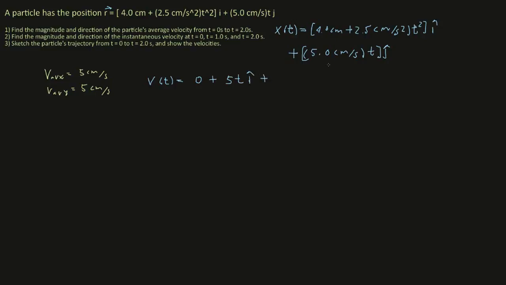And now here we're just going to be left with 5 centimeters j hat. In other words, the derivative of the position equation will give us the velocity equation. Okay, now we have it here.